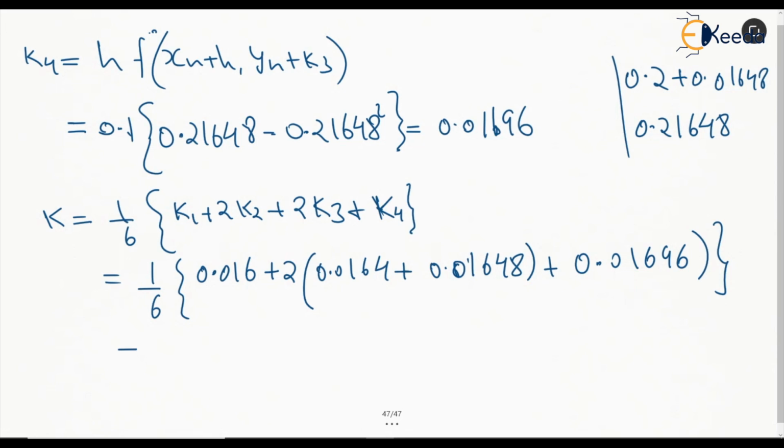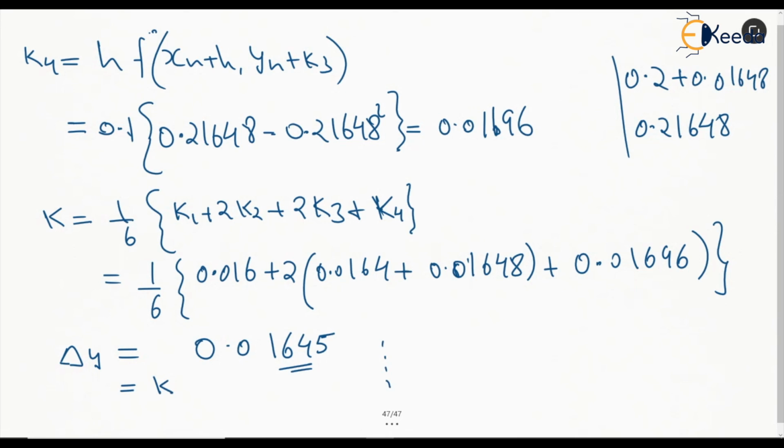This value comes out to be 0.01645. So this is the increment. I'll say it as del y or simply k.